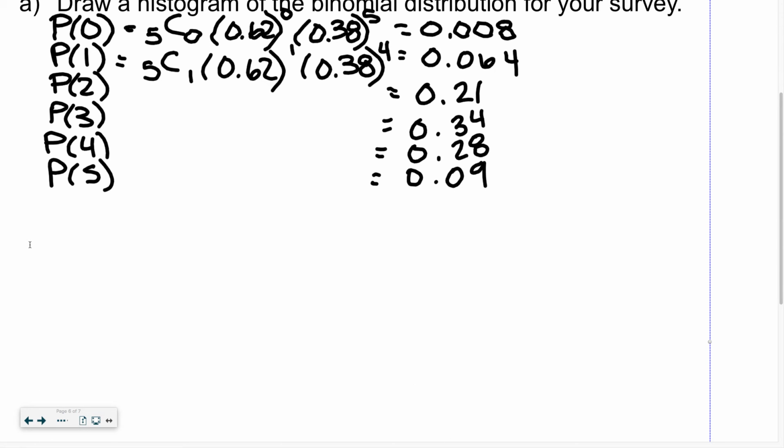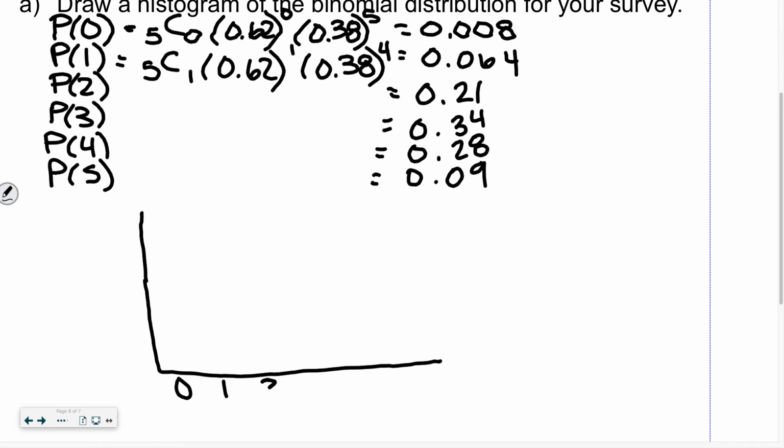Okay, so I'm going to build a histogram. My outcomes were people who went to the dentist: 0, 1, 2, 3, 4, or 5. Remember, you don't always have to go all the way up to 1 on probability because your highest probability may not be 1, even though these numbers should add to 1 or close to 1 because we rounded.